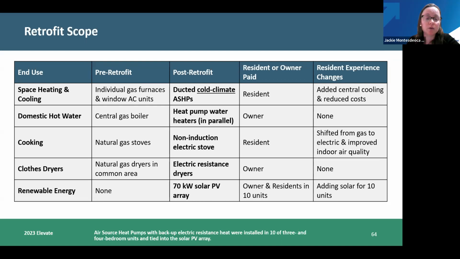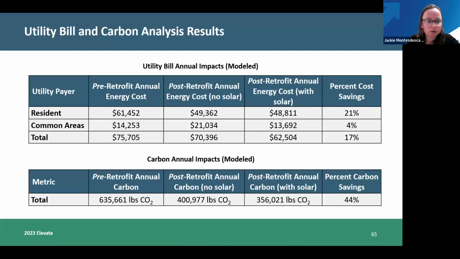We are currently working with the owner to get solar in, hopefully in the next 6 months. But next slide, we'll talk about how that impacts the savings.